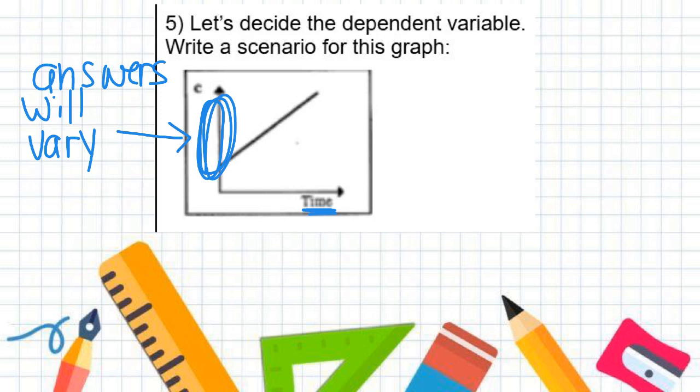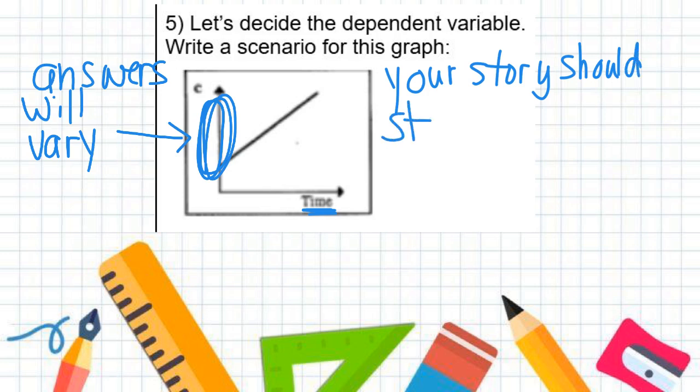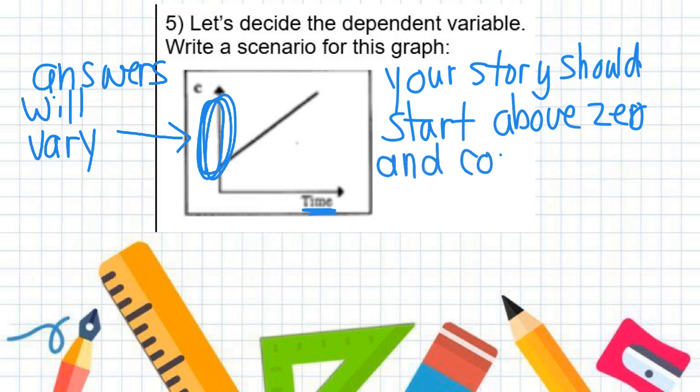But depending on what you pick, everybody's story, your story, should start above 0 and consistently increase from there.